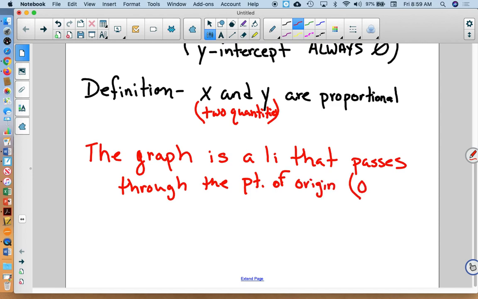That point of origin is always 0, 0. It will always pass through at that point.